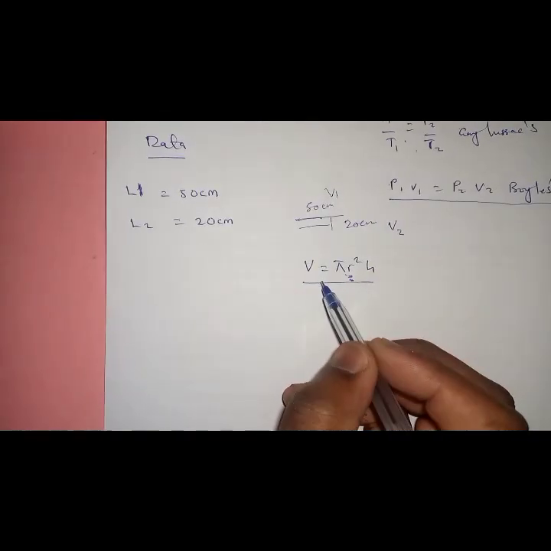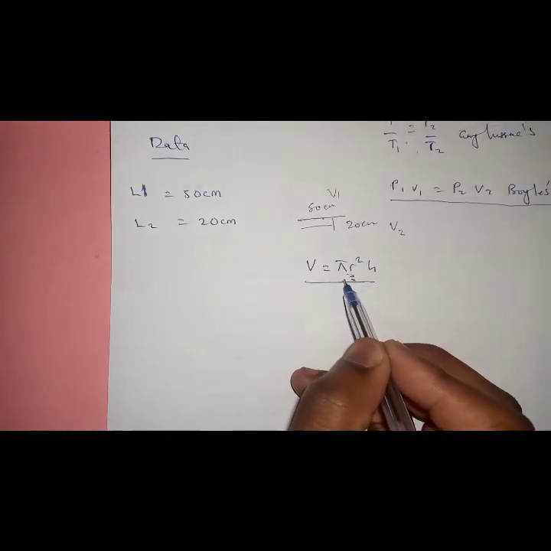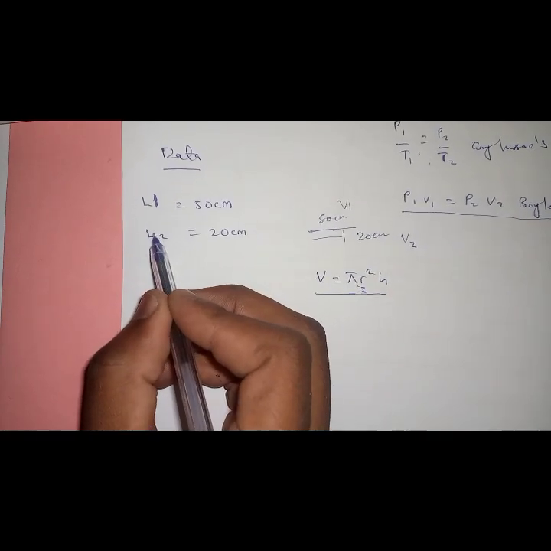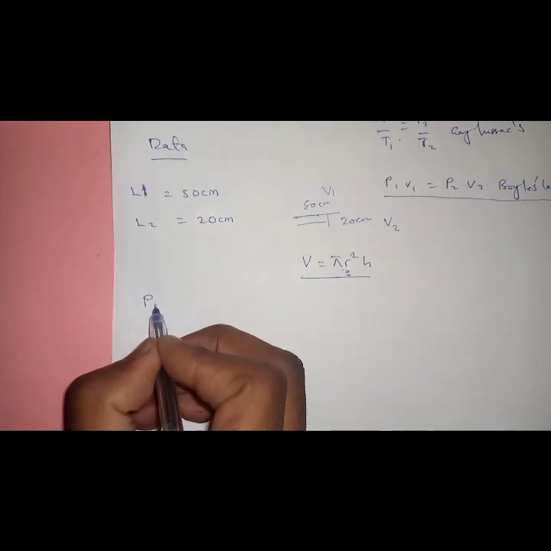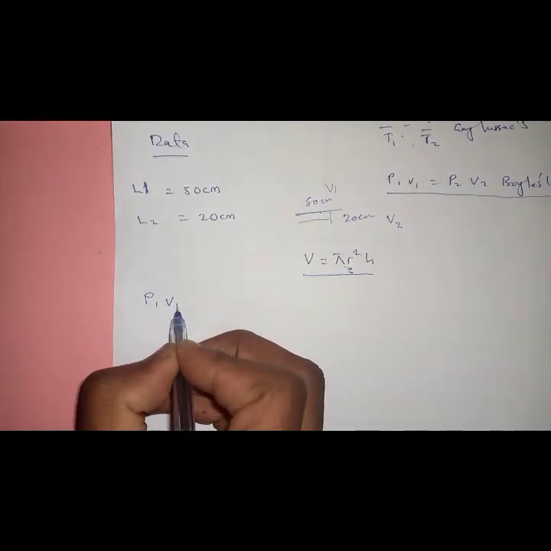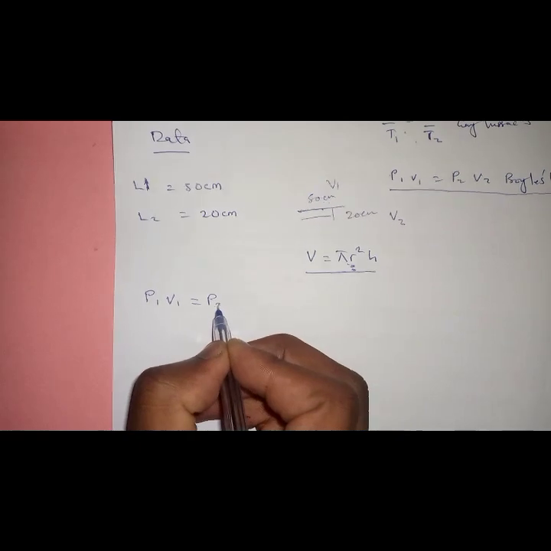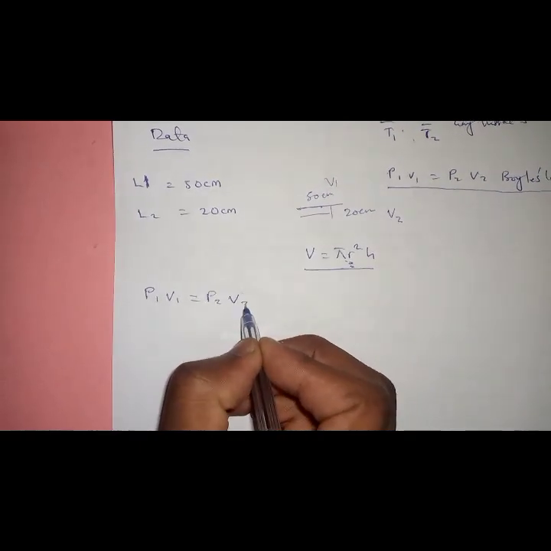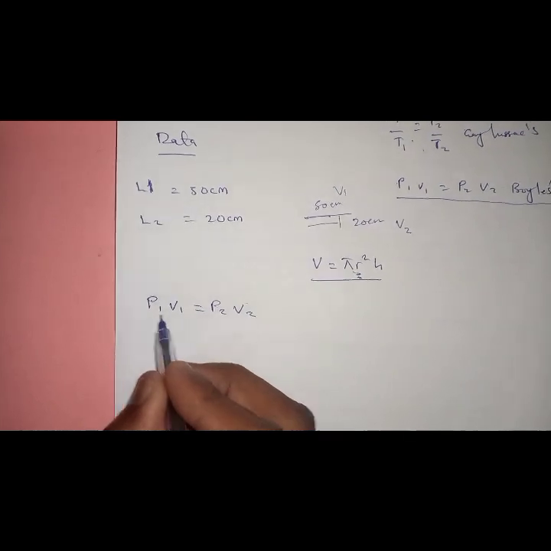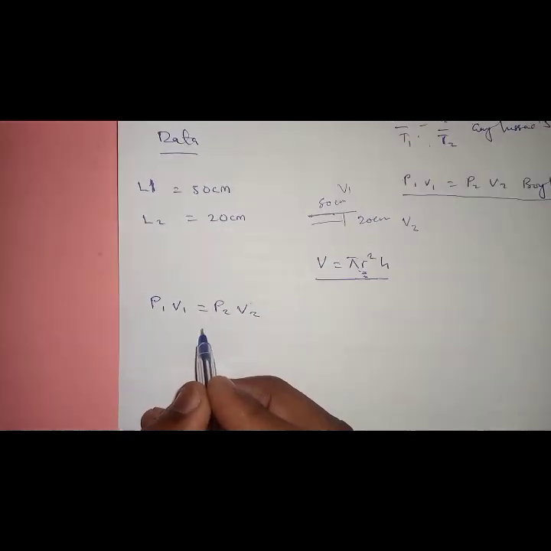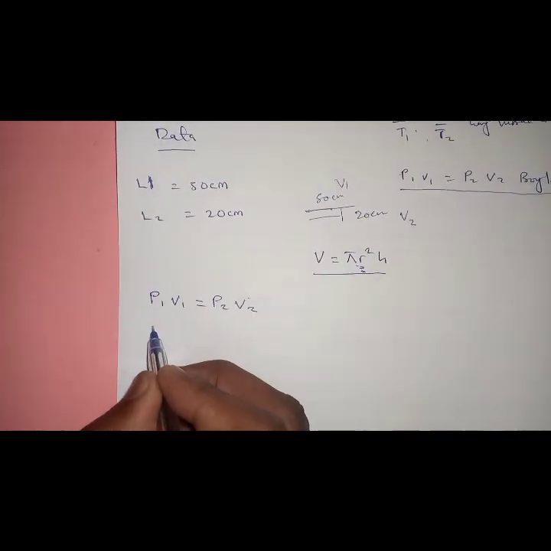So we are definitely not going to use this formula, but consider the length as the volumes. So if we had to get this formula, we are going to have P1 V1 is equal to P2 V2. Pressure 1, we don't know. Pressure 2, we don't know. So we are going to take it the way it is.